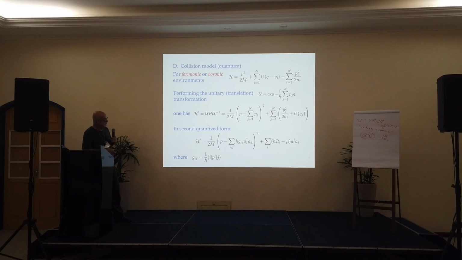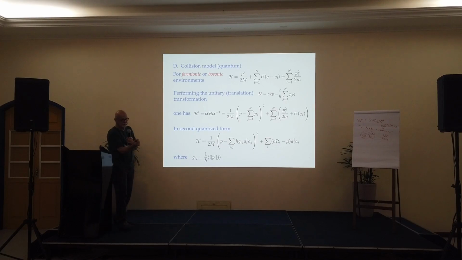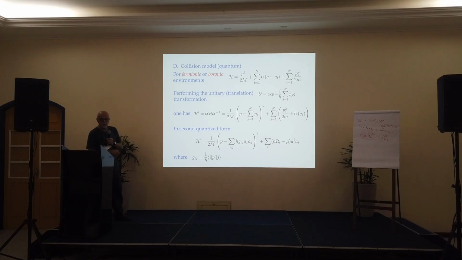So it's a set of oscillators. Now, not oscillators, but a set of particles now feeling the potential provided by the external particle, and they are coupled in a sort of minimal way with the full momentum of the environment particles.